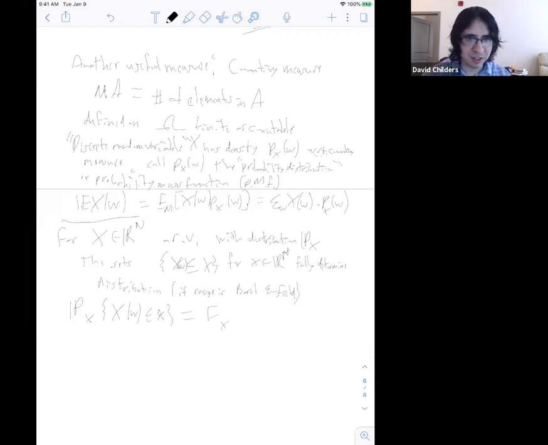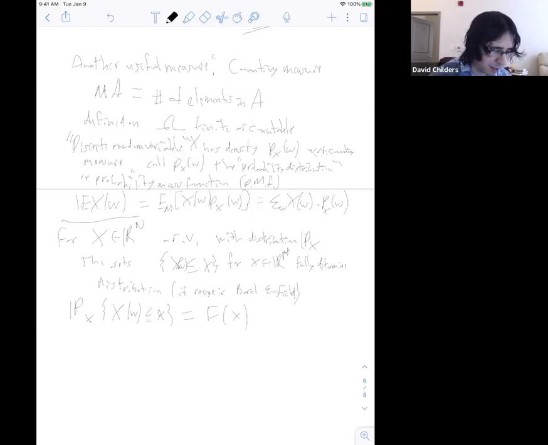And so this is defined along, so each such set is uniquely associated to a single point, which is this value x. And so for each such point, there's a probability.